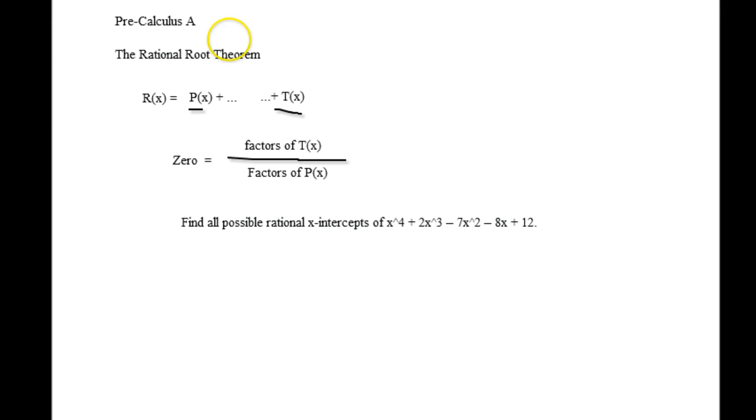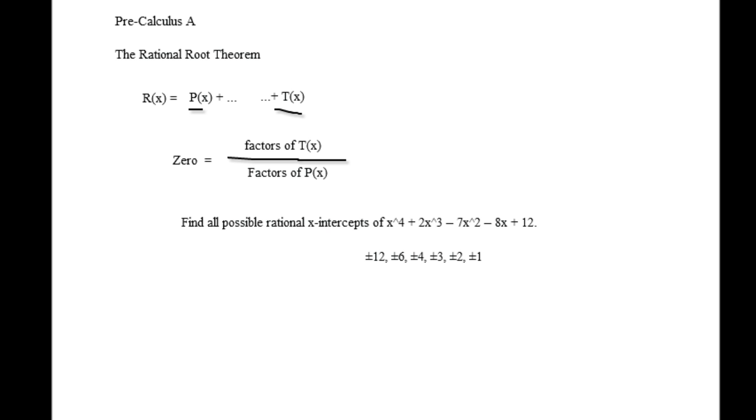Basically we would just do the factors of 12, which are plus or minus 12, plus or minus 6, plus or minus 4, plus or minus 3, plus or minus 2, plus or minus 1.